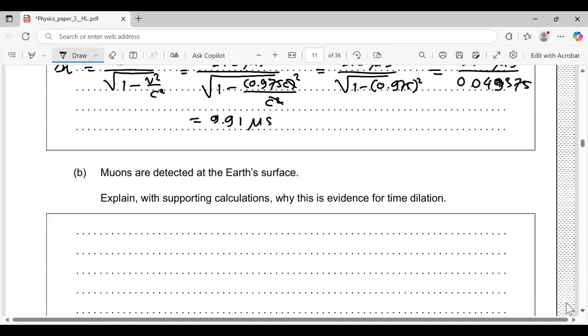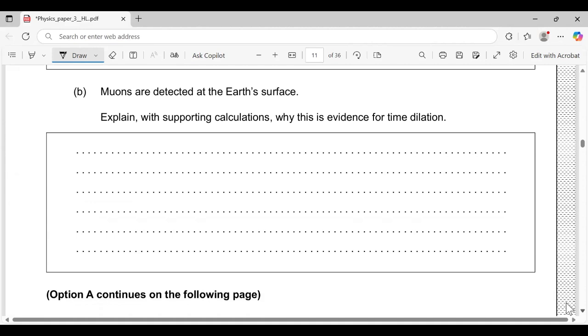Let's continue. Muons are detected at the Earth's surface. Explain with supporting calculations why this is evidence for time dilation. To calculate the time taken to reach Earth as measured in the Earth frame, we find time first: t equals d over v.